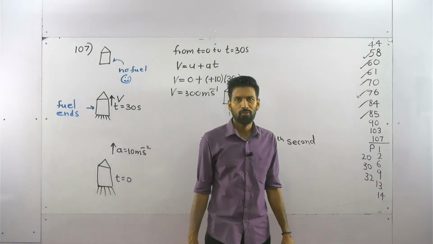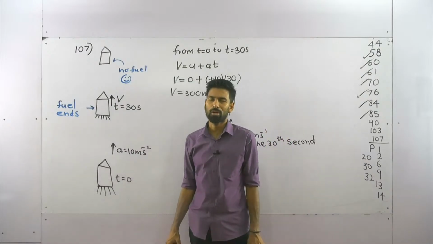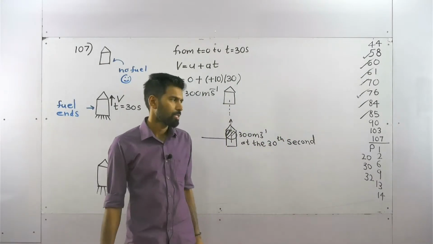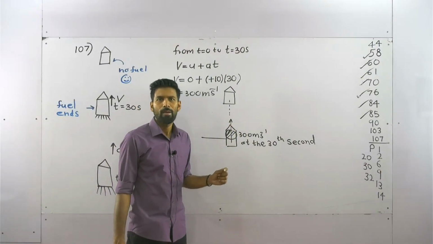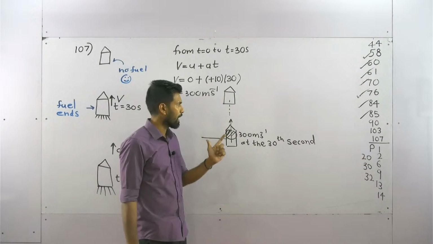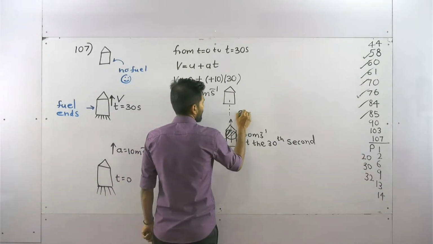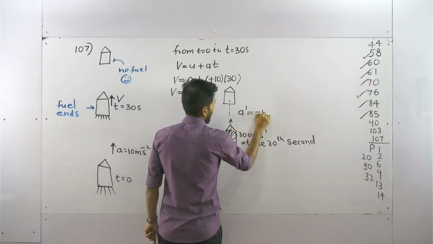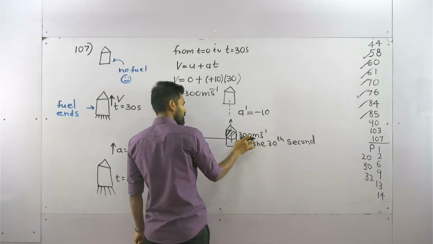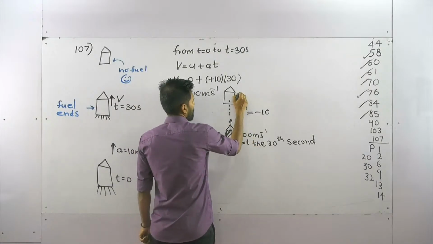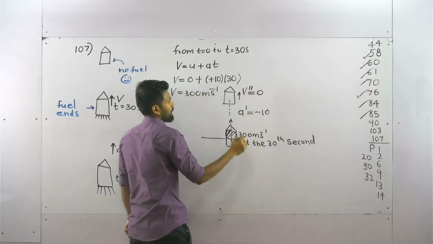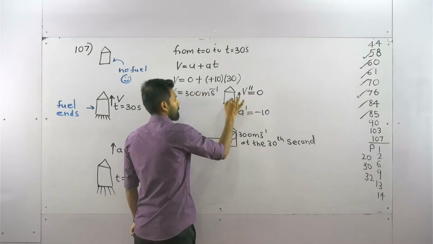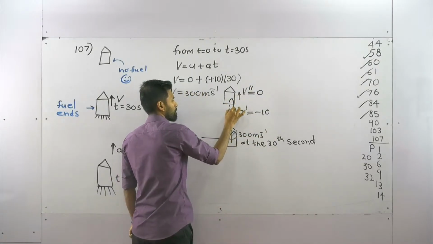So this additional force which accelerated the rocket upward is no longer there. So only the weight. If the weight is the only force, it faces the motion under gravity situation, and from there its acceleration will become -10, and this velocity will reduce and it will reach its maximum height and then will turn back and drop down.